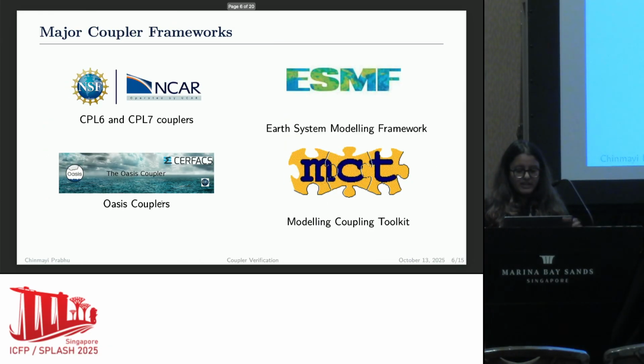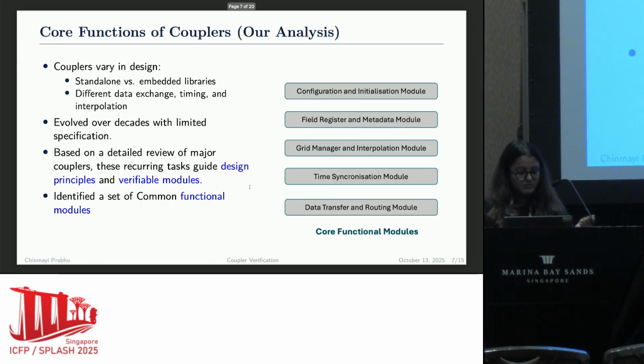For example, ECMF is a standalone coupler, whereas MCT is an embedded library. They have different data exchange patterns, timing synchronization varies, how it is implemented is different, and how interpolation is done is also different. Probably it's an offline interpolation or an online interpolation. So each coupler offers various ways of doing this.